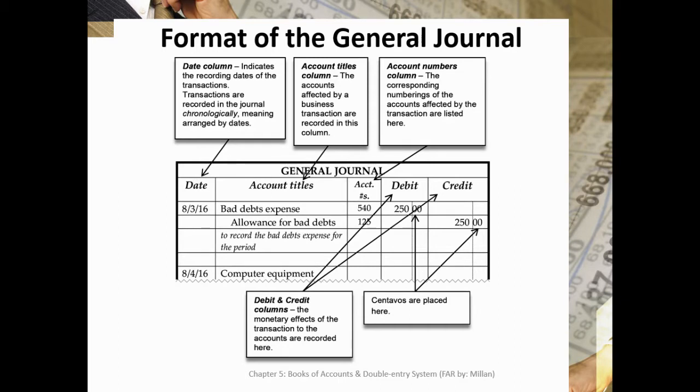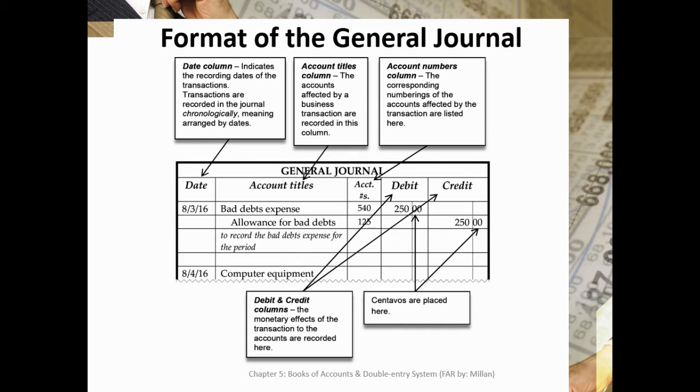Sa account titles, so you can see here the accounts affected by a business transaction. Recorded siya dito sa column na to. So makikita mo si bad debts, makikita mo si allowance for bad debts. Si account number naman, so it is the corresponding numbers of the accounts affected by transaction.